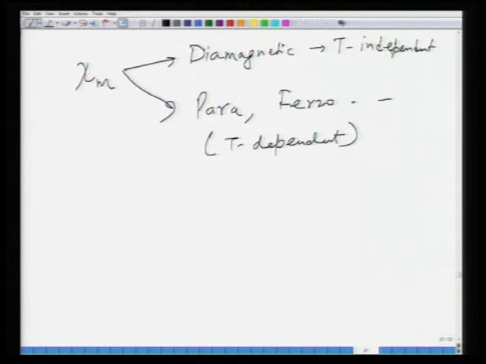And the sign of susceptibility classifies the type of material, and it essentially means how much the magnetic flux is penetrating inside the material.